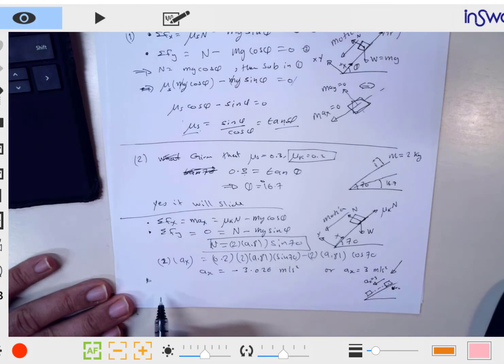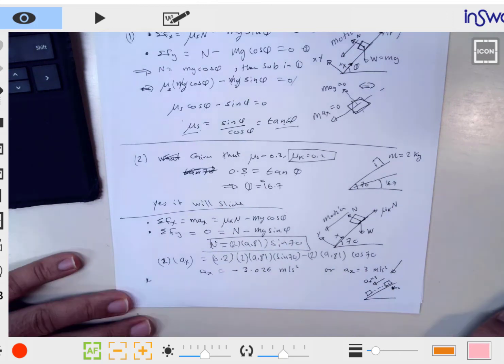And for that you can use the equation of motion with a constant acceleration. Now what we're looking for is how to calculate the velocity, right, after 3 seconds. So we're gonna look back at the equation of motion.